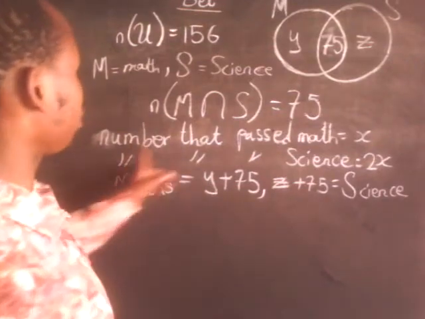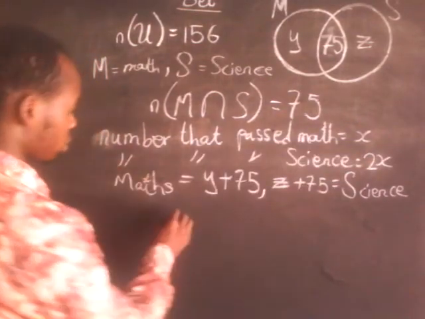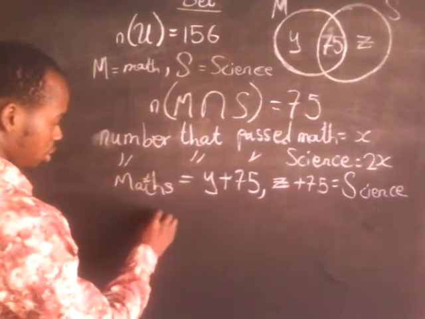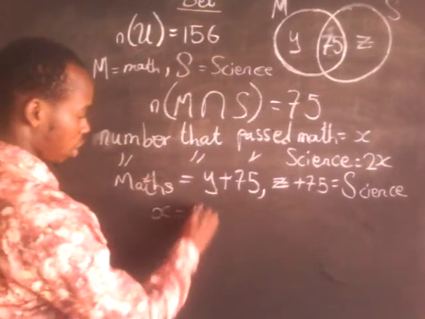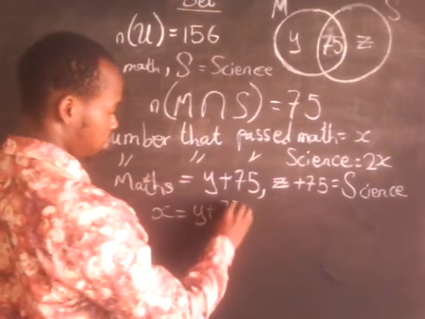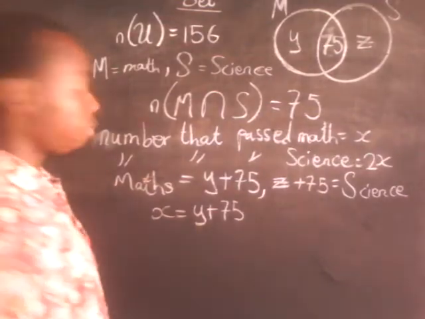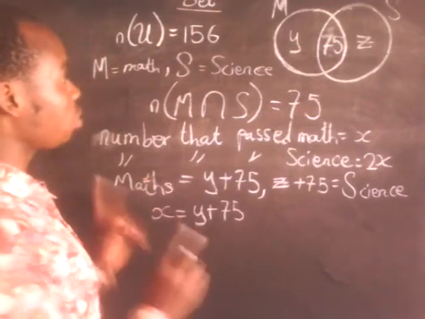Okay, and we have the number of people that passed math is equal to x. That means the number of people that passed math is equal to y plus 75.